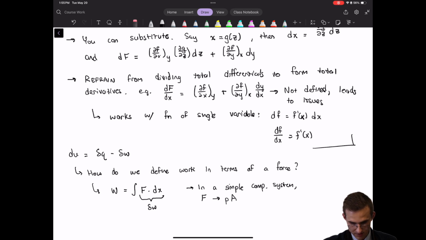Moreover, we could look at the A times dx, so that wall moving some incremental distance dx, and this thing we could rewrite as dV, the infinitesimal change in volume.